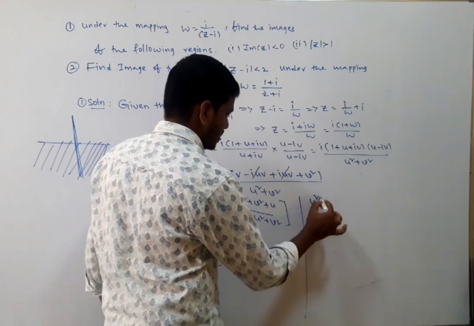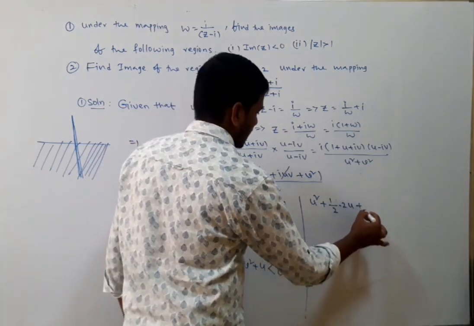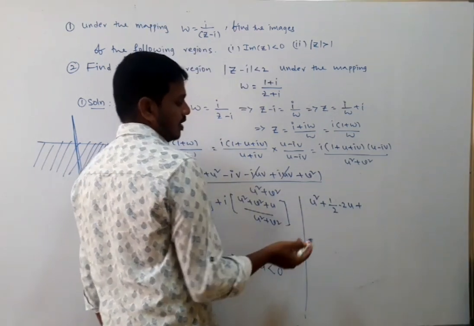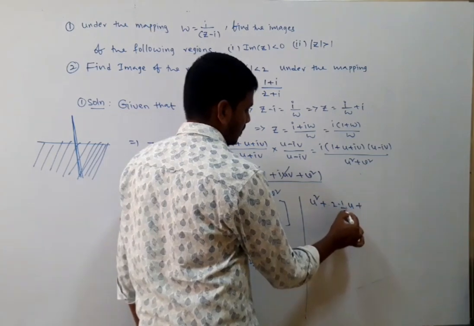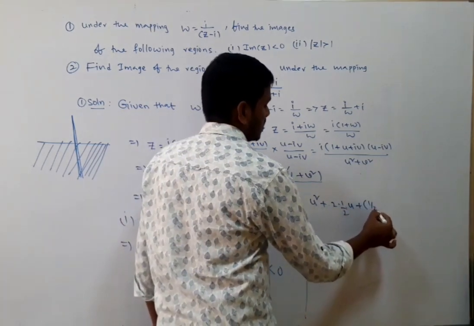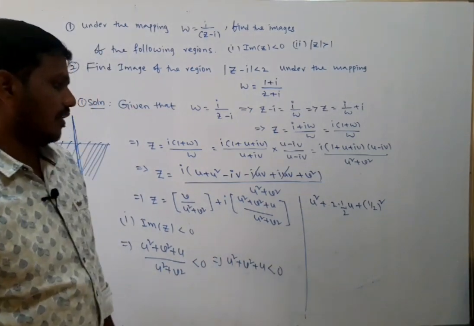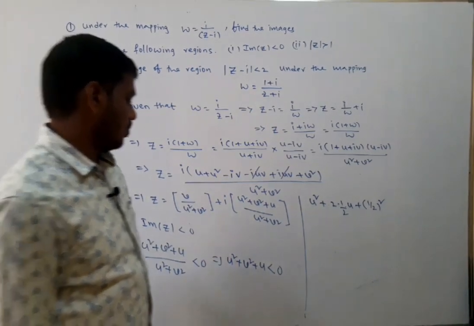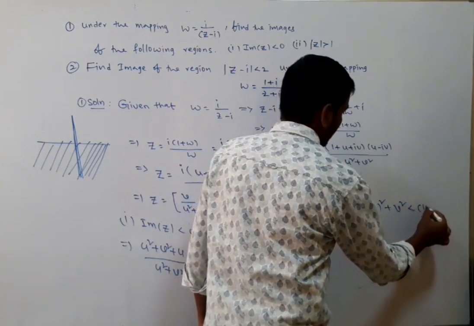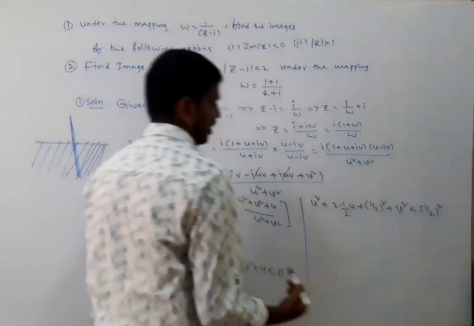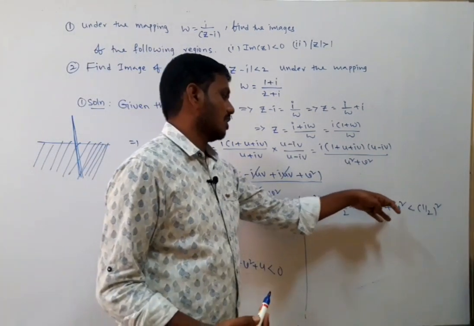So u square plus u is there. This is u square plus u plus 1 by 2 whole square, adding 1 by 2 whole square on both sides, plus v square is less than 1 by 2 whole square. It is of the form a square plus 2ab plus b square plus v square.